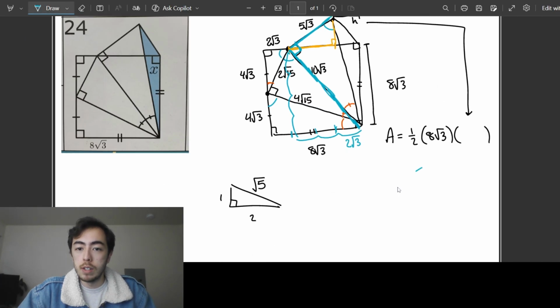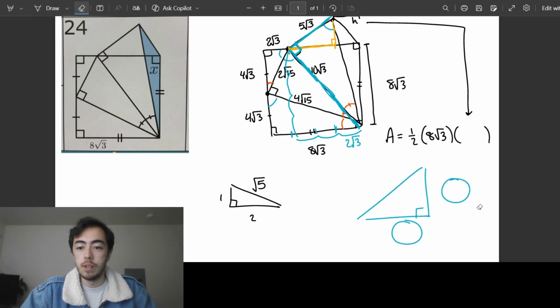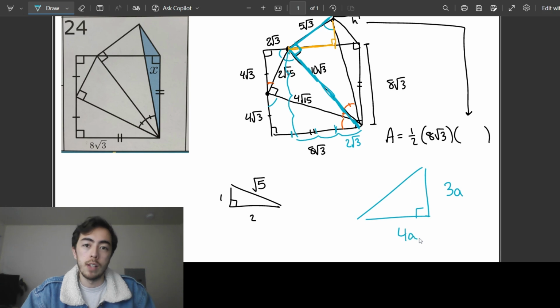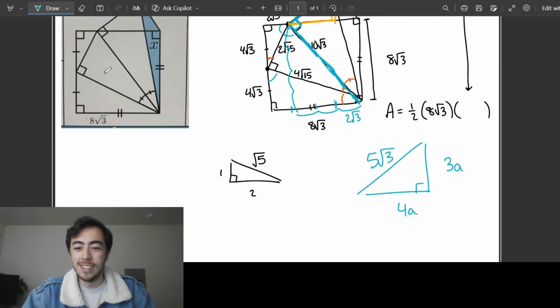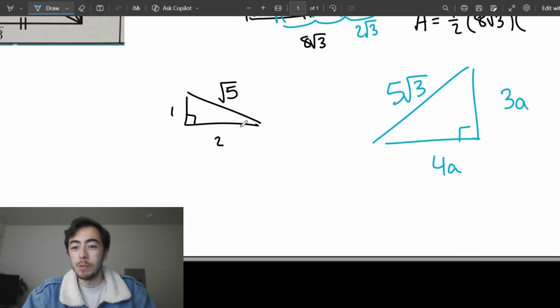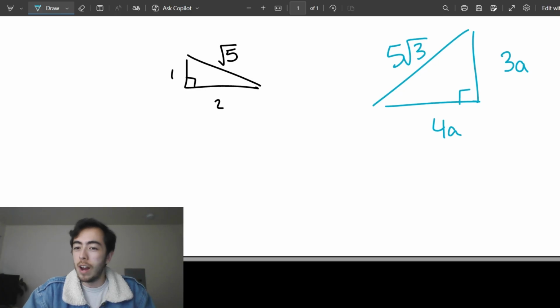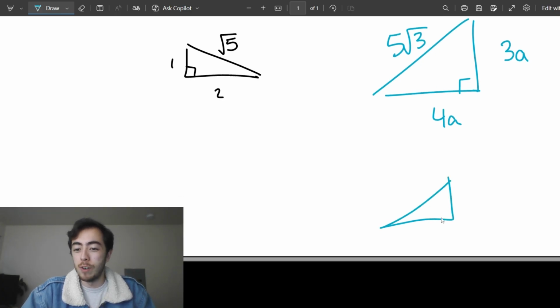That must mean that this side and this side have a ratio of 3/4. Now, it's not just exactly 3 and 4. Rather, it could be 3 times something and 4 times something, and they'd still have the same ratio of 3/4. But fortunately, I can apply yet another Pythagorean theorem to this and figure out what this a value should be. Or I could think back to proportional triangles.